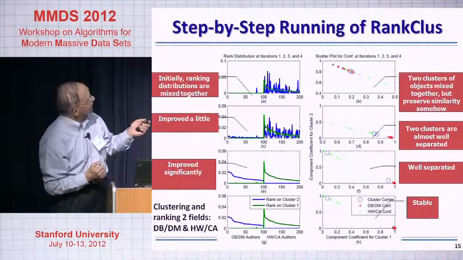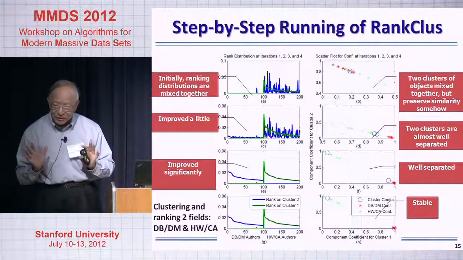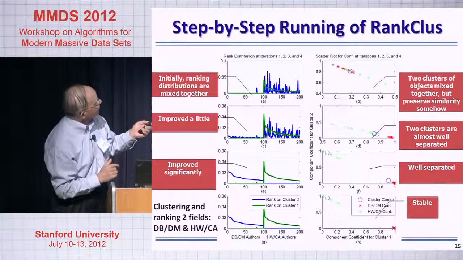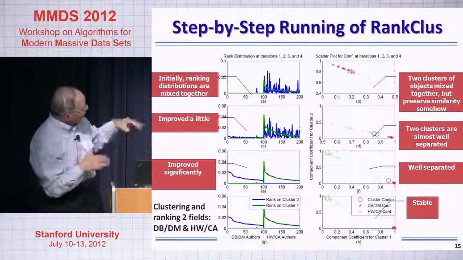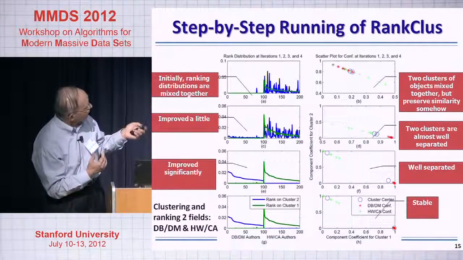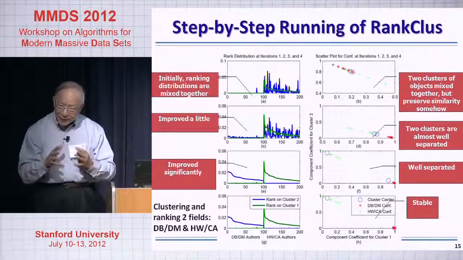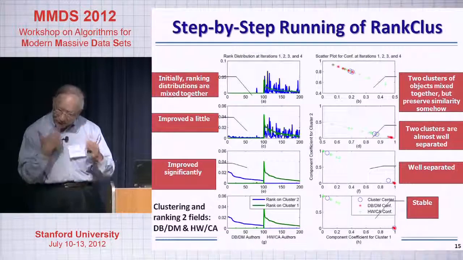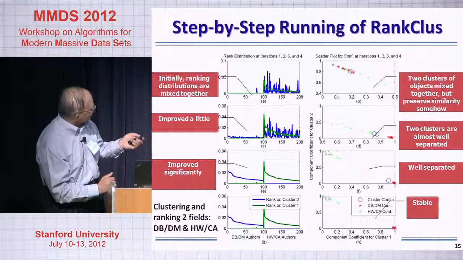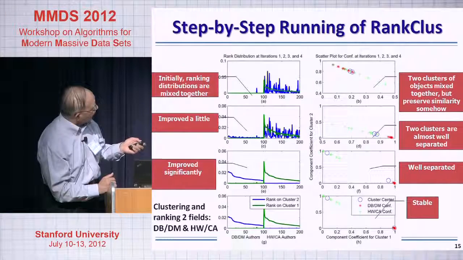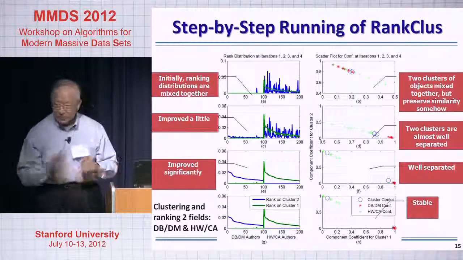So you can see at the very beginning when you do random partitioning, both clustering and ranking are mixed up. But after a few iterations, by grouping and ranking and then clustering again, immediately they make it very clear. Just a few iterations. These two fields, both clustering and ranking, are highly separated.